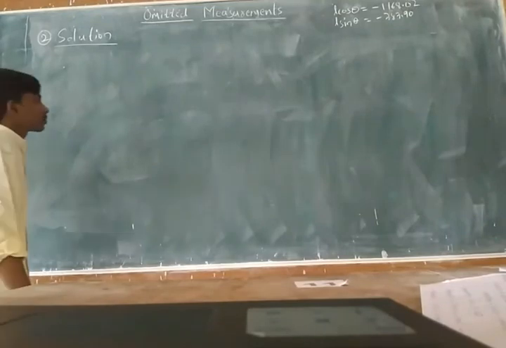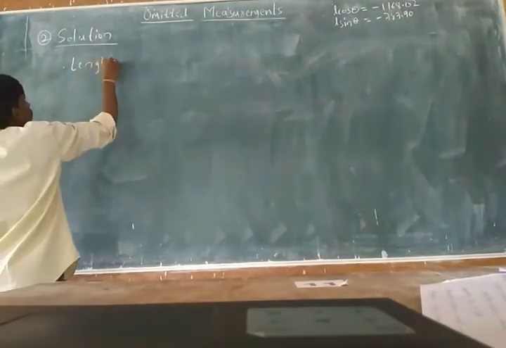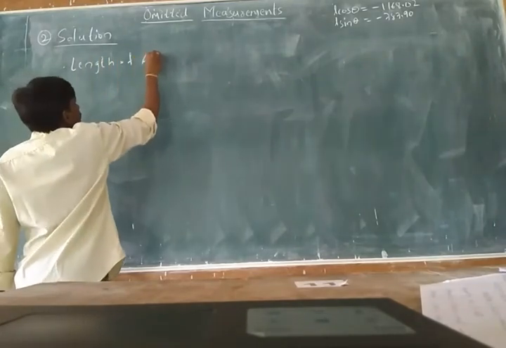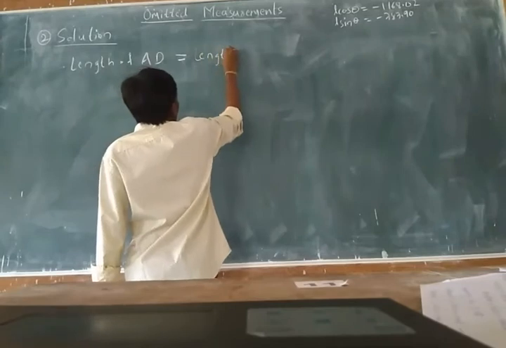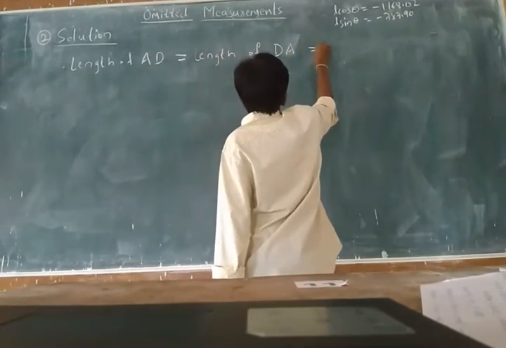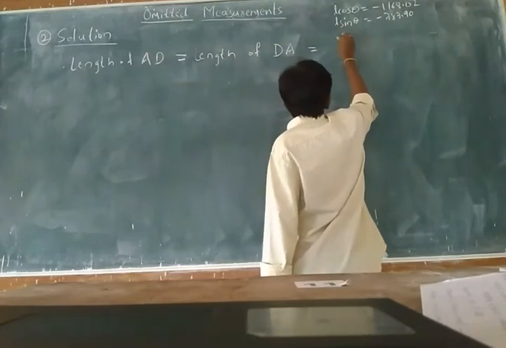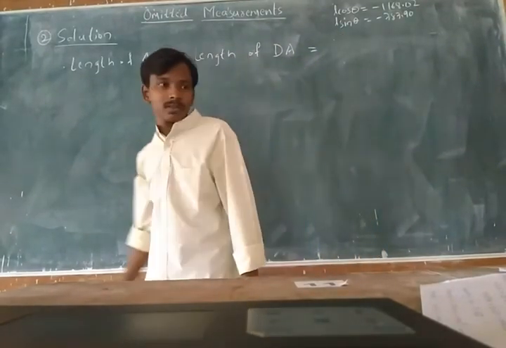So here, the length of AD is equal to the length of DA. What was the length?